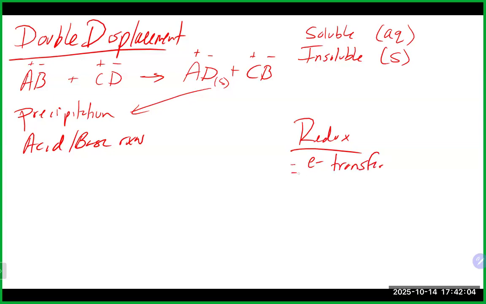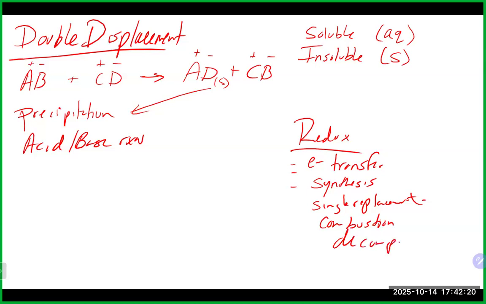And under here, we have a lot of more specific classifications, like synthesis reactions, single replacement reactions, combustion reactions, and decomposition reactions. We're going to get into those today. We got into a little bit of it when we talked about balancing redox reactions last time as well.